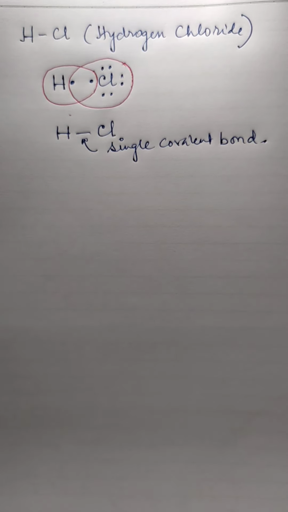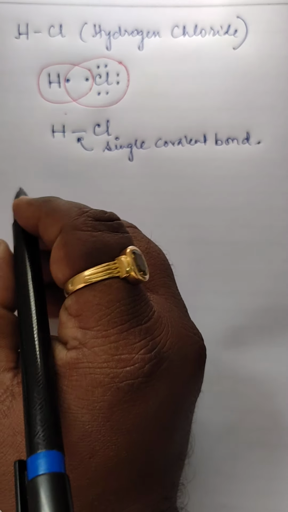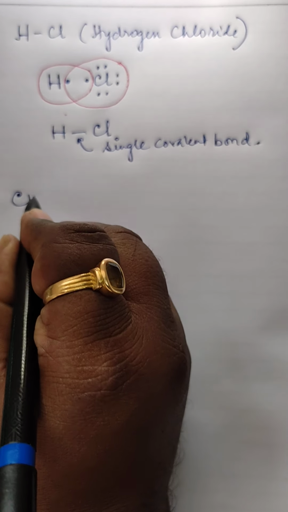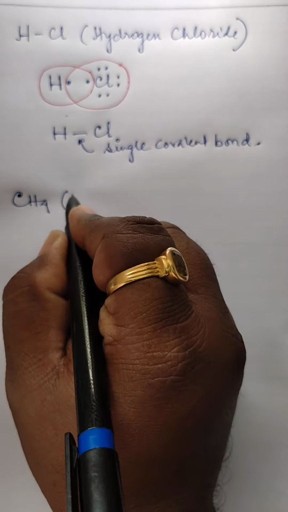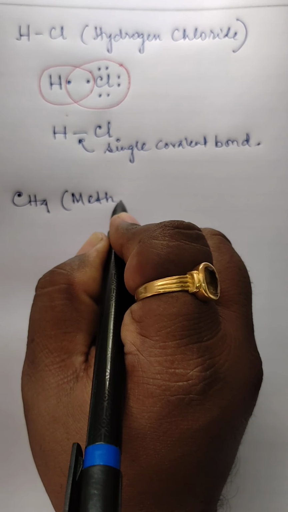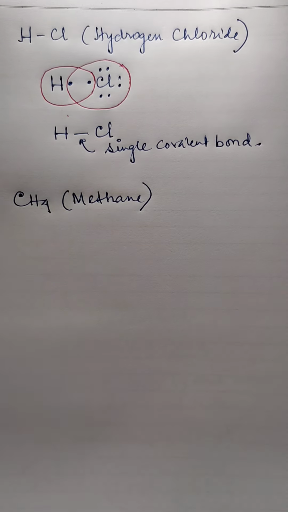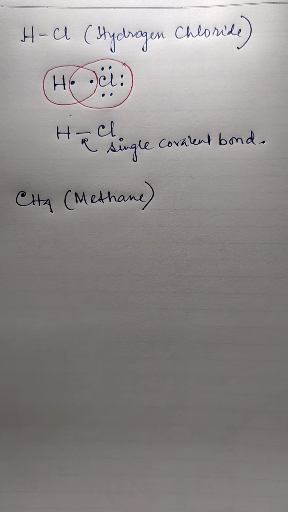Now we have the structure of carbon tetrachloride, but before that we should study the structure of methane, CH4. Methane is an alkane which is highly flammable and has a high calorific value.